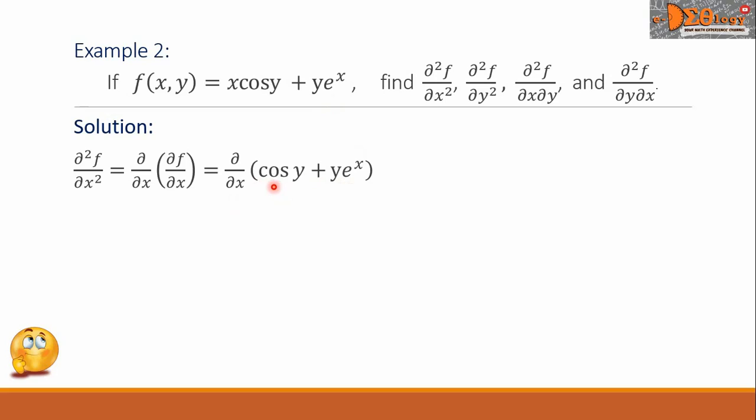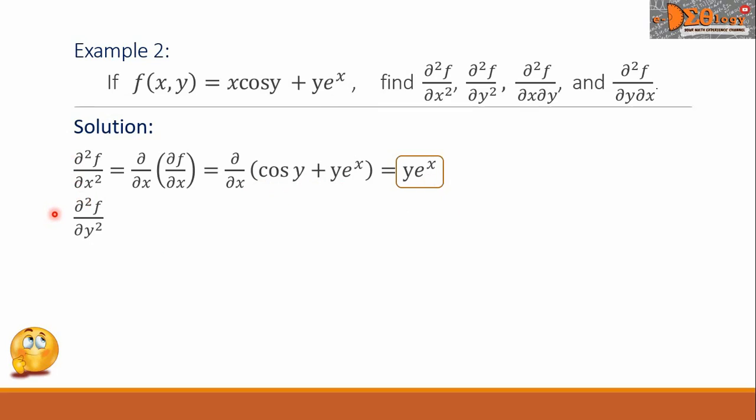So the derivative of cosine y is 0 because y is considered constant. Then derivative of y times e raised to x is simply the same, y times e raised to x. This is the answer for the second partial derivative of the function f with respect to x.